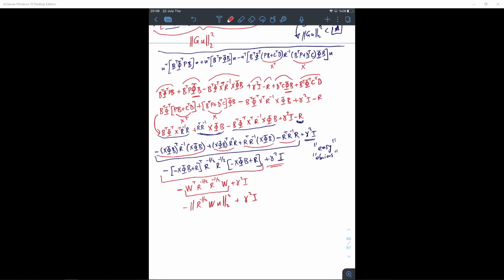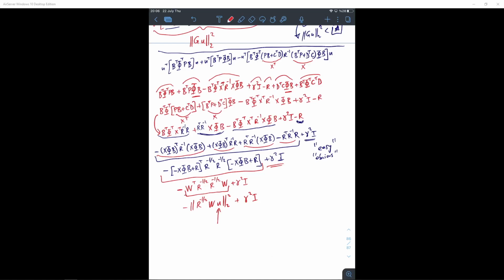Okay, and you're like, well, where did this u come from, right? And remember, we were just omitting u transpose u terms, right?